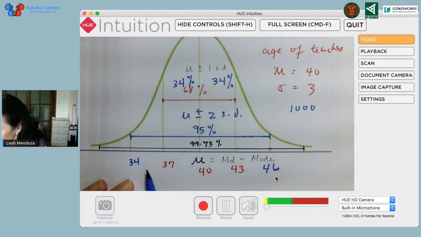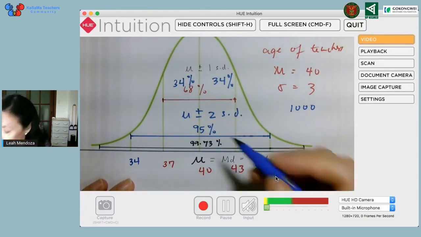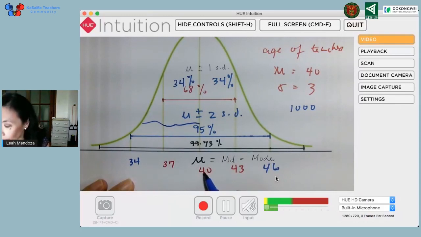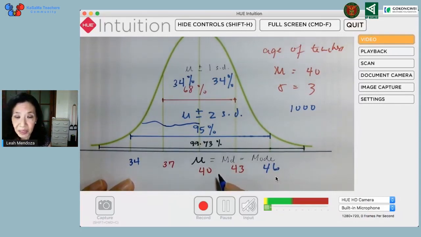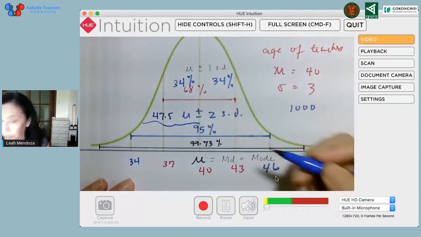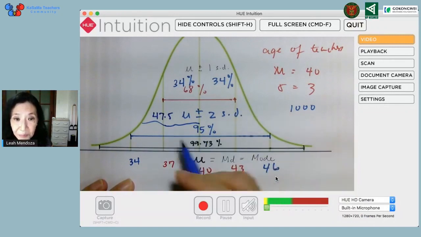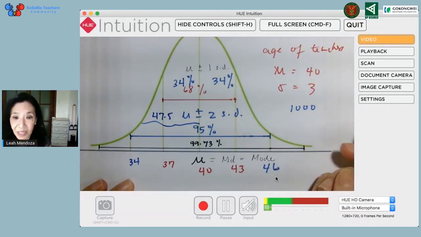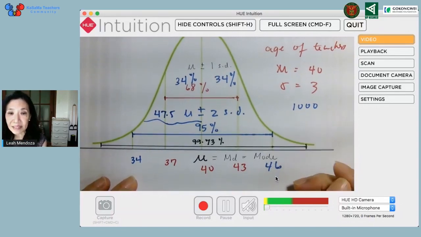Again, that is not the only thing you can say. You can say that between 34 and the mean, 95% divided by 2, which is 47.5, okay, lie between 34 and 40, and another 47.5 lie between 40 and 46.